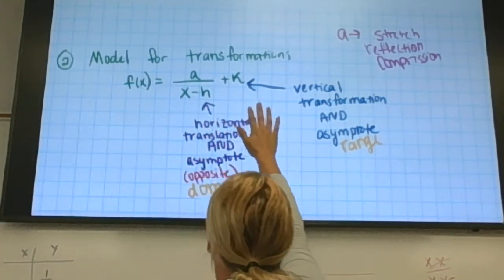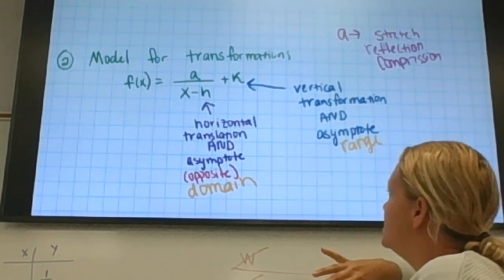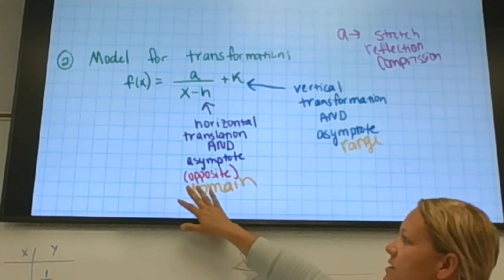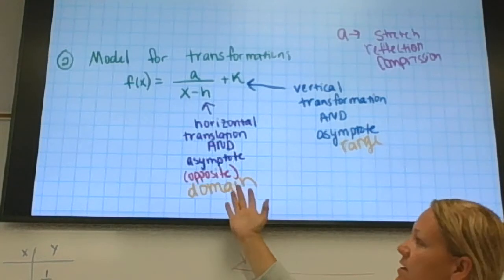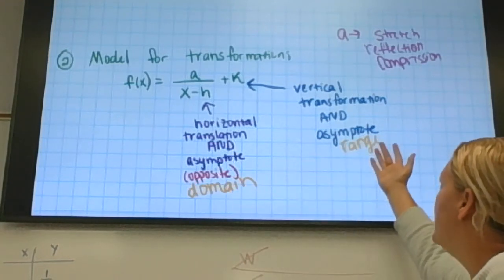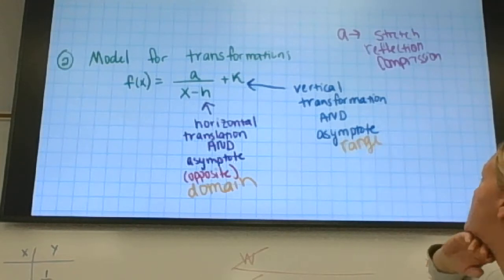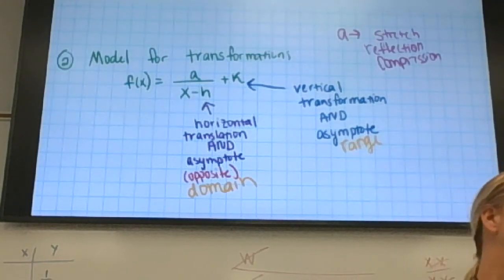The number at the end will shift the graph up or down. Remember that horizontal translations are always opposite, and they do define the domain. And vertical transformations define the range. So it doesn't always have to be one numerator.